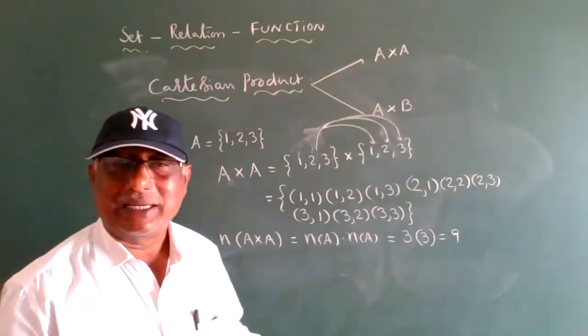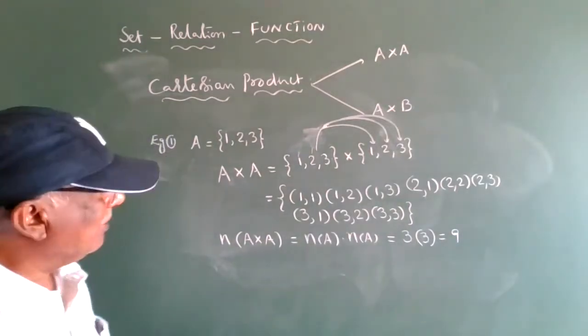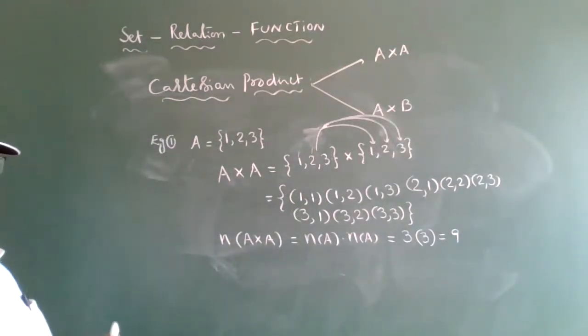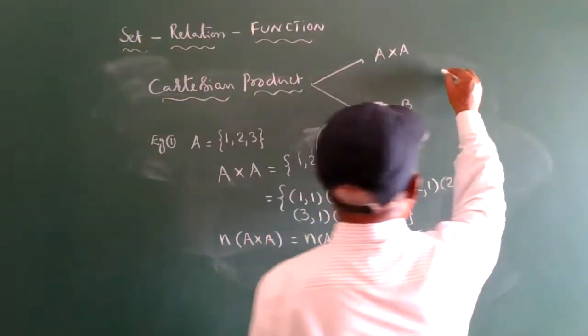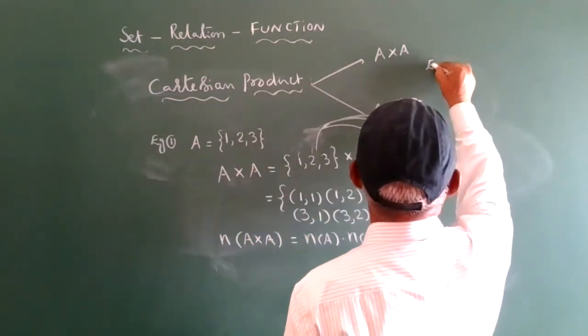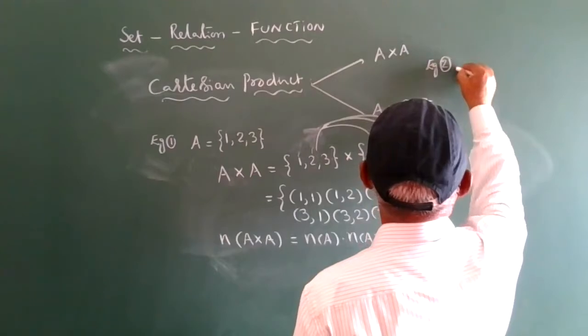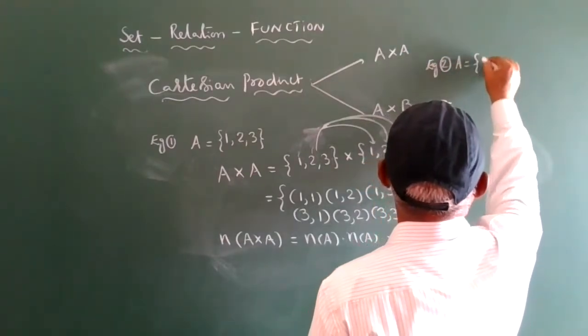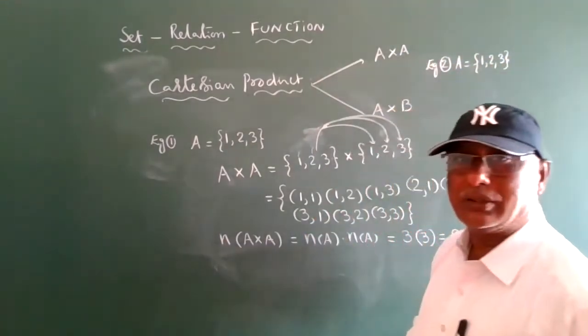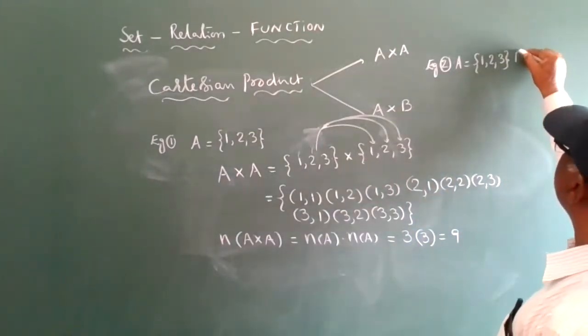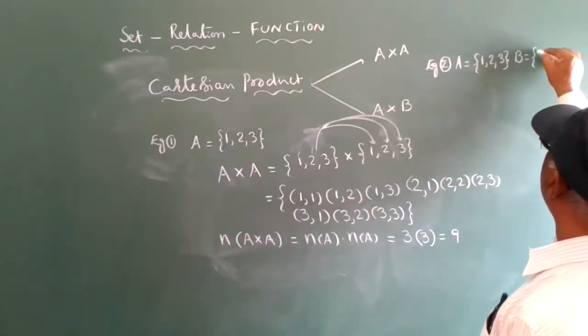And now we can see an example for the double set Cartesian product. Example number 2. A set is {1, 2, 3}. B set is {x, y}.